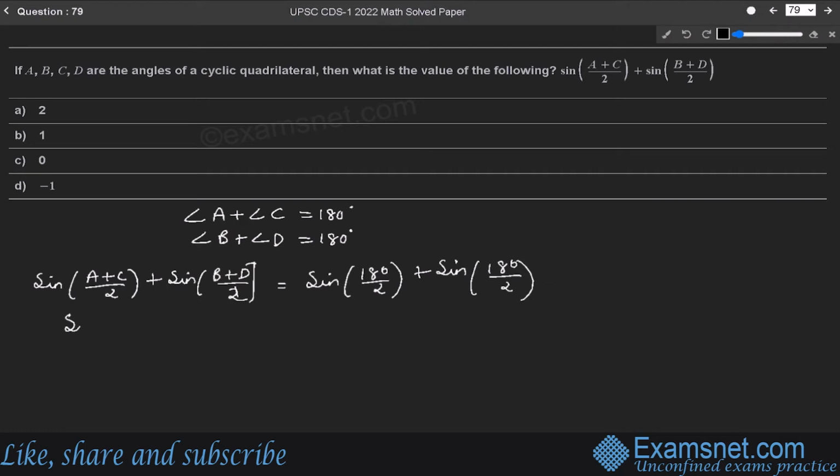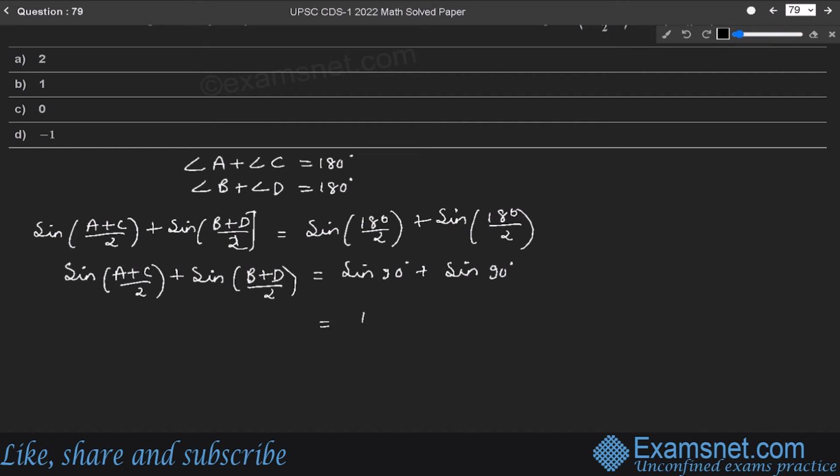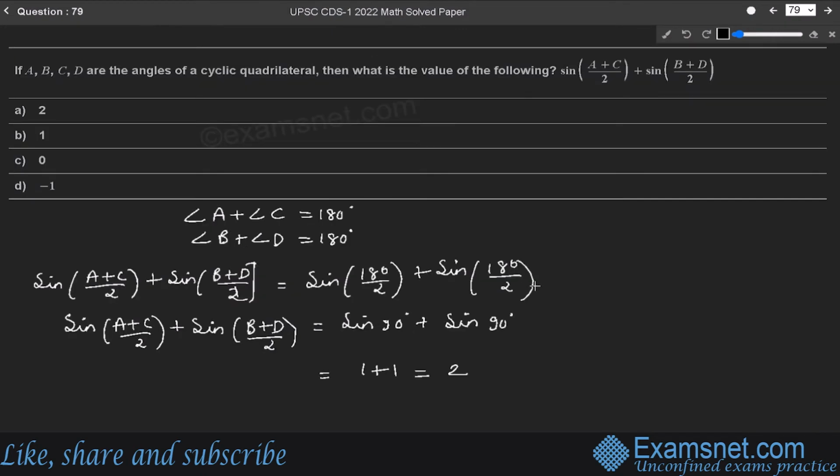Therefore, it can be written as sin 90 degrees + sin 90 degrees. We know the value of sin 90. Sin 90 is 1. So it will be equal to 1 + 1. So therefore, the value of sin((A + C)/2) + sin((B + D)/2) will be 2. So the correct answer for this question is 2. Therefore, option number A is correct. See, all these questions are very simple.